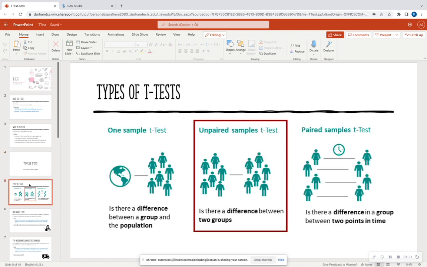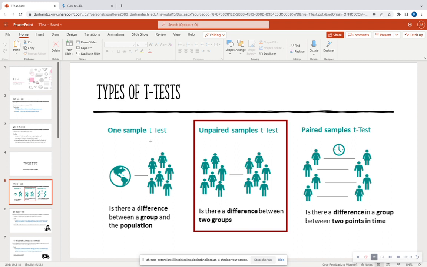Okay, so there are three main types, as you can see on the screen below. The first type is the one sample t-test, and that's what I had as an example in the previous slide. So, is there a difference between a group and the entire population? The example that I gave before: is there a difference between this sample's mean car performance and the entire population of cars that you're pulling from?